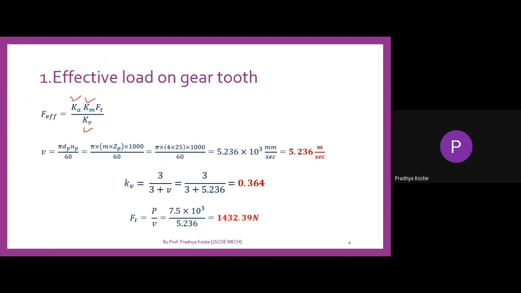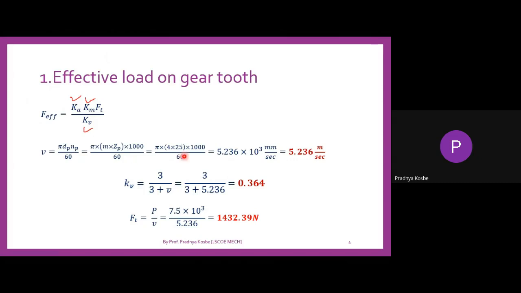So what is the formula for Ft? Ft is P divided by V. Power is known to us. We have to find out velocity. And velocity is pi dp np by 60. dp is m into zp. Speed of the pinion is 1000 rpm. Put these values over here.